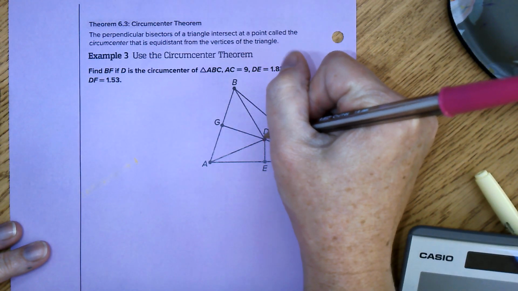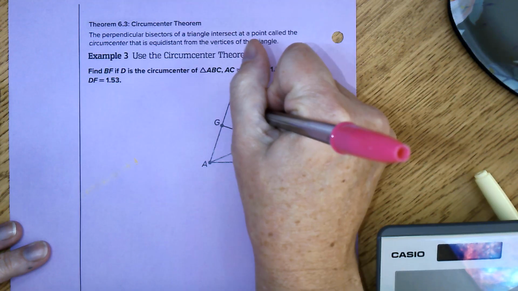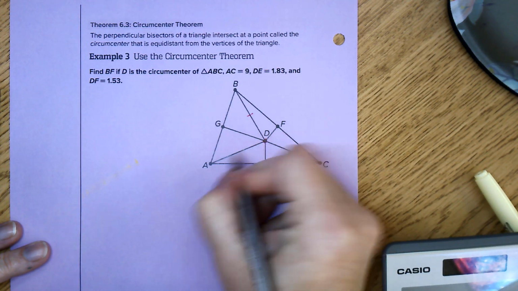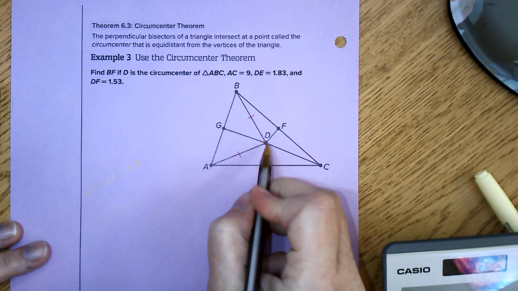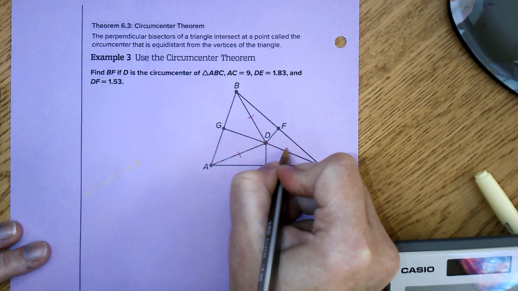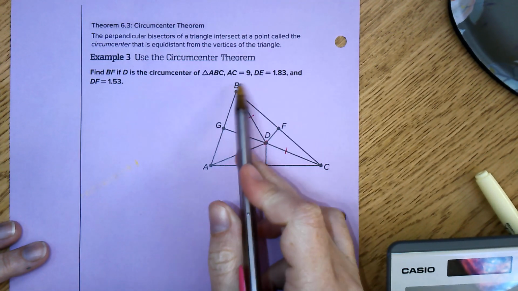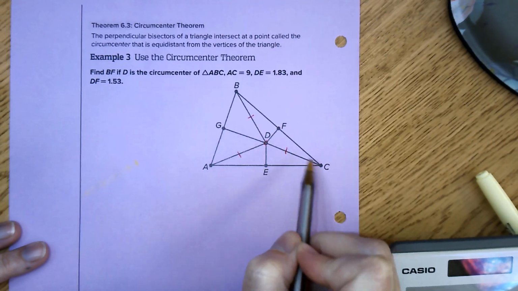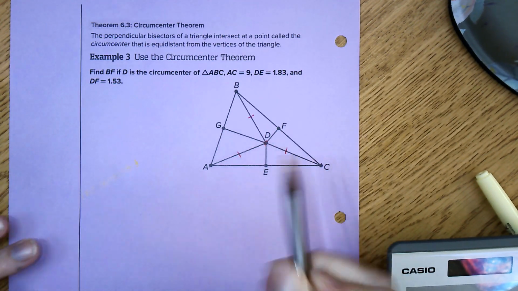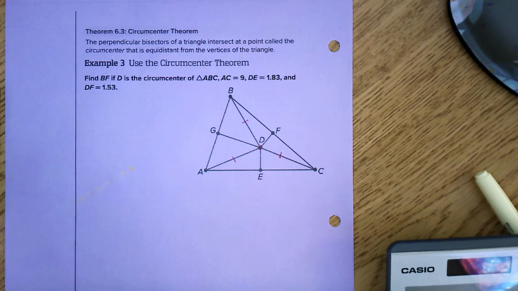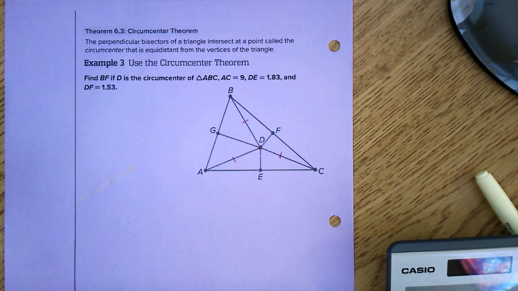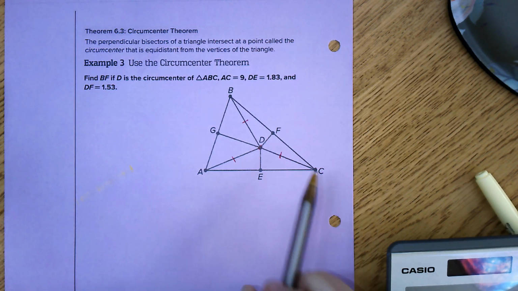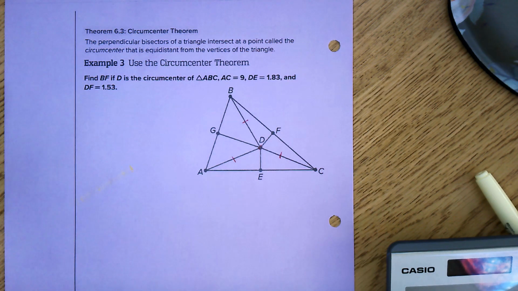So BD measures the same as AD, which measures the same as CD, because it's equidistant from the circumcenter to each vertex. So those equal each other.